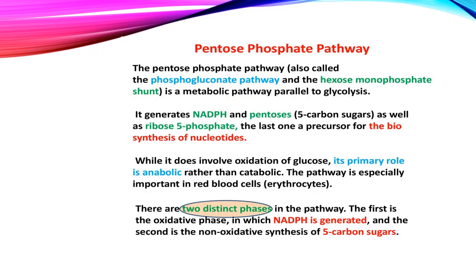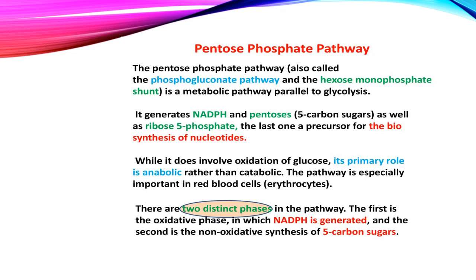So students, now let's discuss the important points of pentose phosphate pathway. This is also called phosphogluconate pathway and hexose monophosphate shunt. It always runs parallel to glycolysis. It generates NADPH and pentose, that is nothing but 5-carbon sugars, like ribose 5-phosphate, which is a precursor of the biosynthesis of nucleotides.